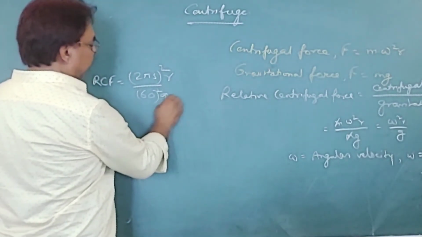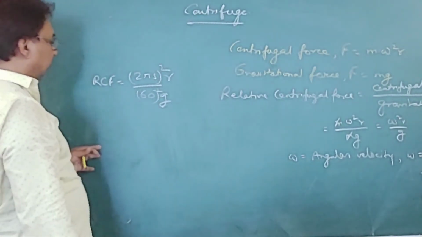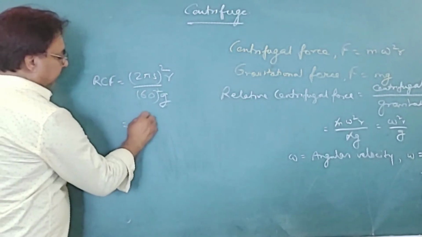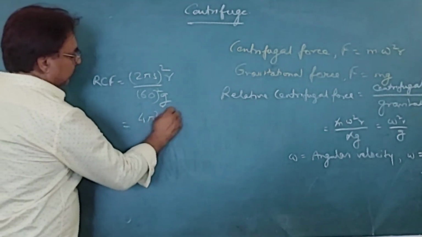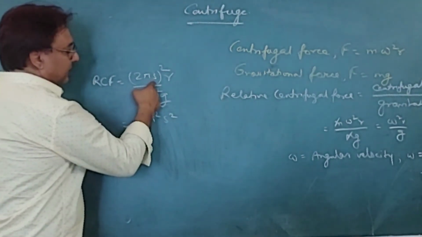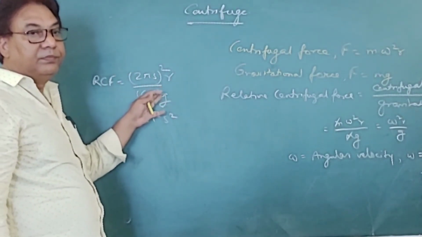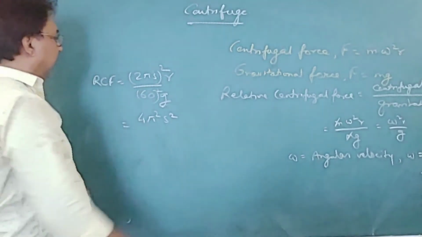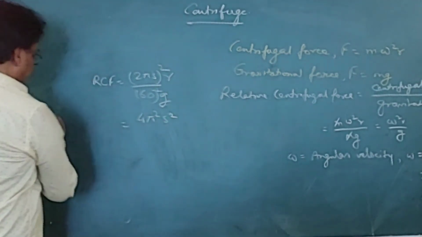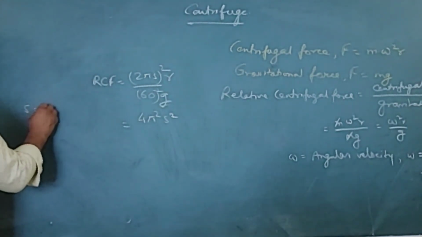And then there is a G over here. So now this 2 pi squared becomes 4 pi square S square. S is revolution per minute, RPM. Somewhere you can write S is RPM.